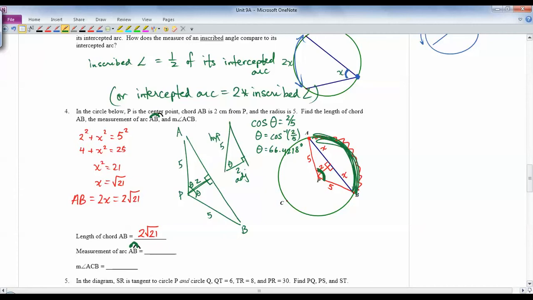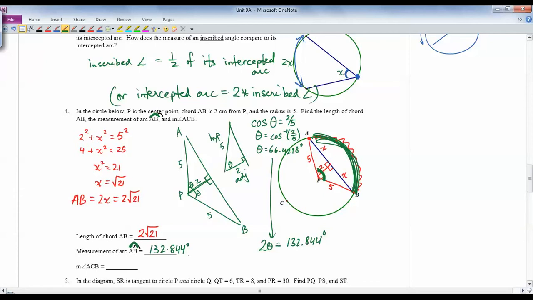And then I have to double it because there's 2 of them. So that's about 132.844 degrees. And notice that the arc here is going to be the same as the central angle. So arc AB is going to be 132.844 degrees.